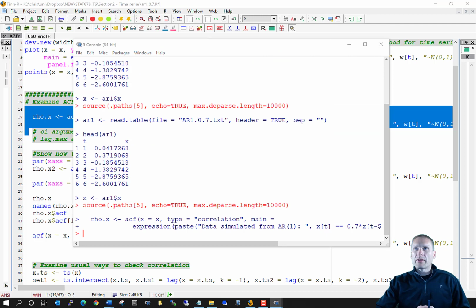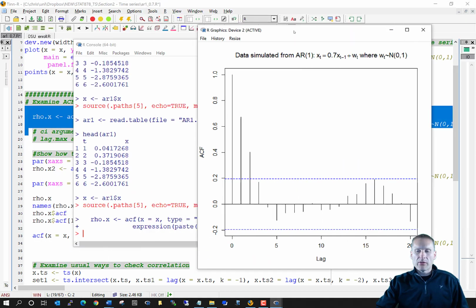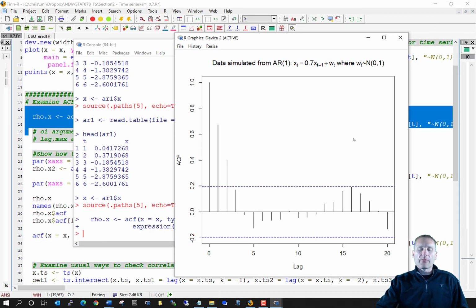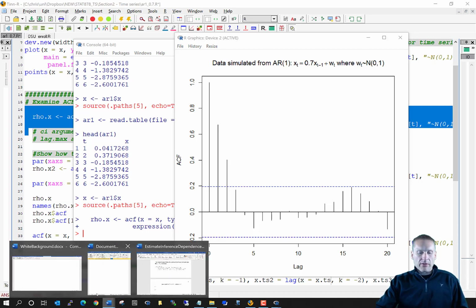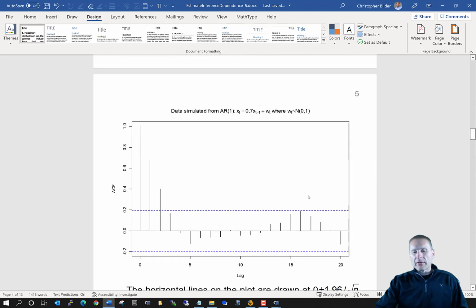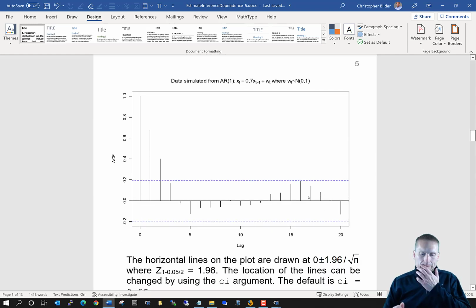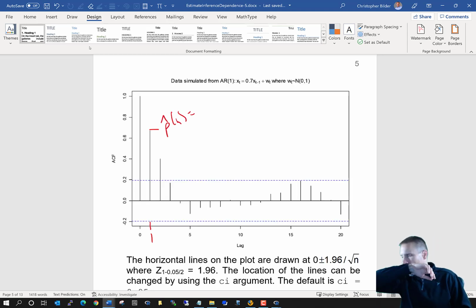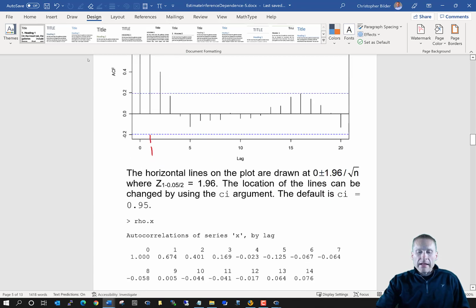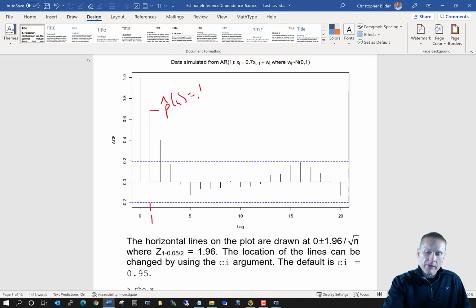So my plot opened up in a different monitor than what I'm using right now. And here we go. So here's the autocorrelation plot. And so that I can easily write on this, let me jump back over here to Word, and here's exactly the same plot. And so what we see here is that at lag 1, the autocorrelation, rho hat of h, is approximately equal to 0.674.